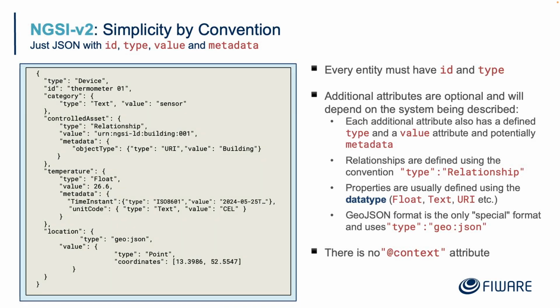Now, once again, you can define your various different types as necessary. There's only one example where there is a strictly defined type for NGSI-v2, and that is the GeoJSON format.